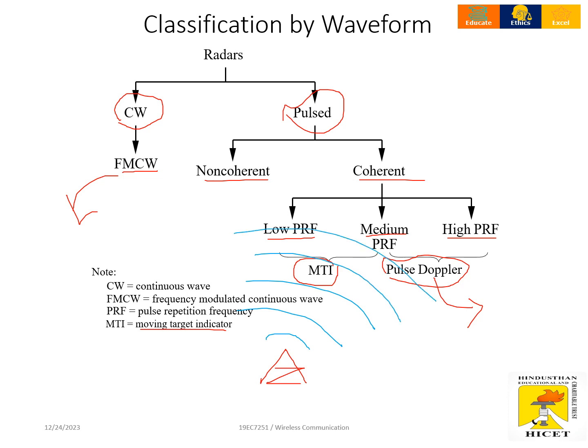This is the first wave, this is second, third, fourth, and fifth. With equal intervals of time, the pulses are transmitted into the atmosphere. So this is the meaning of pulse repetition frequency, the gap between the two waves.